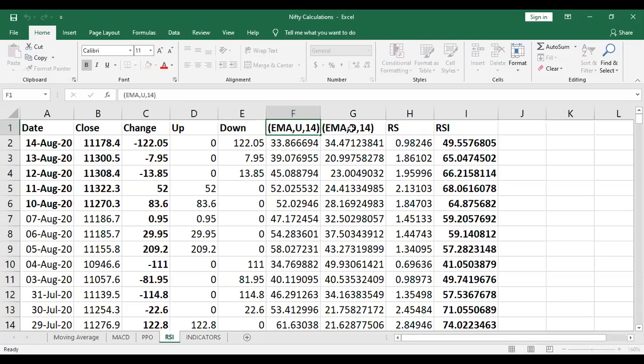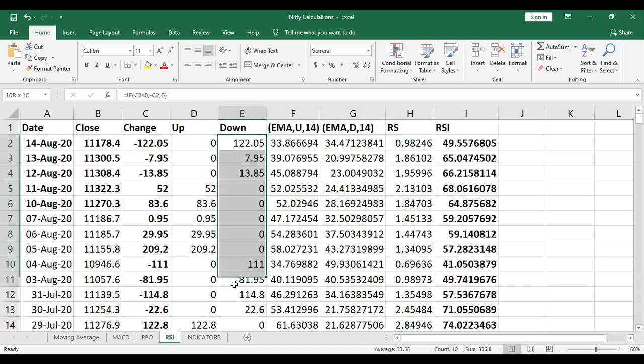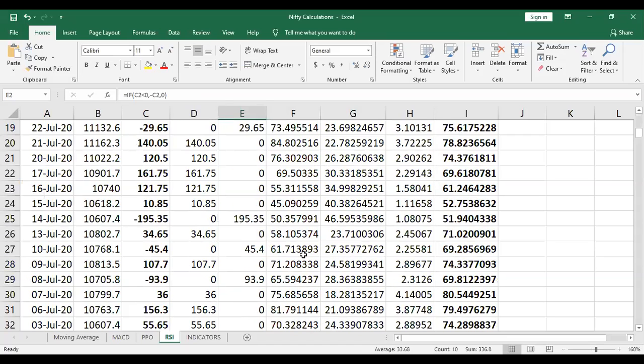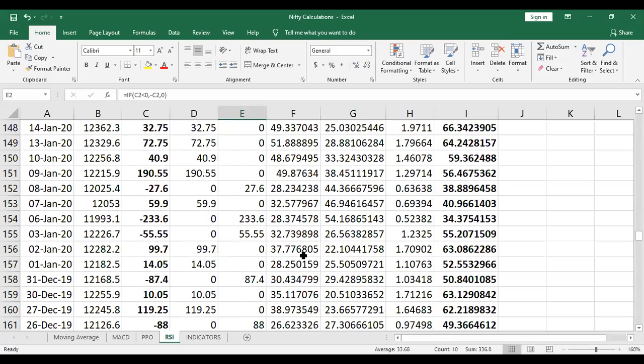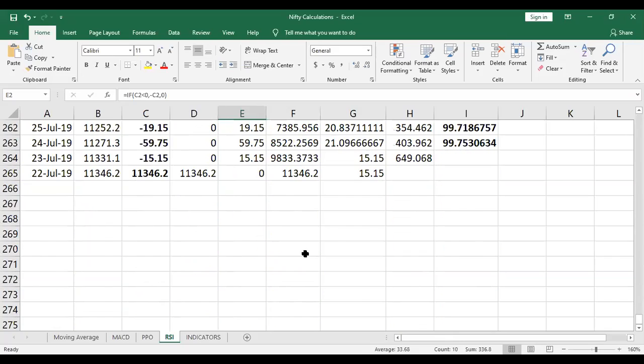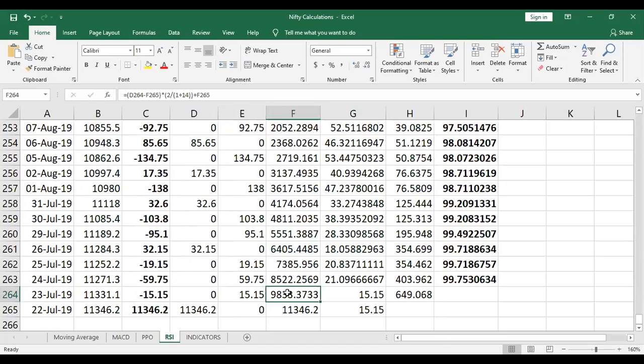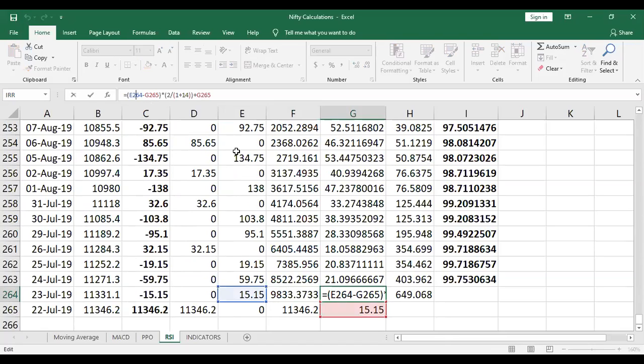Now, in the same way, we take the EMA of the downside movement column. I just copy the formula from the side of the previous step, only the number is changed. You can check it.